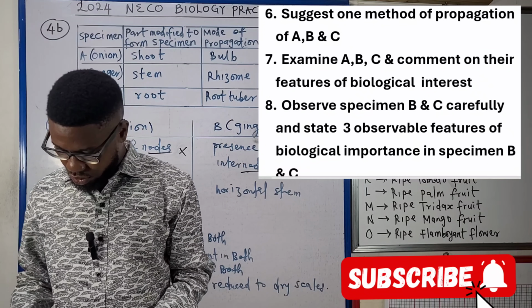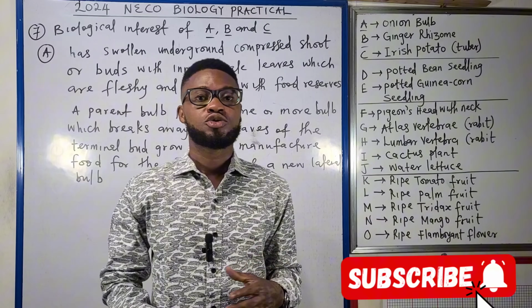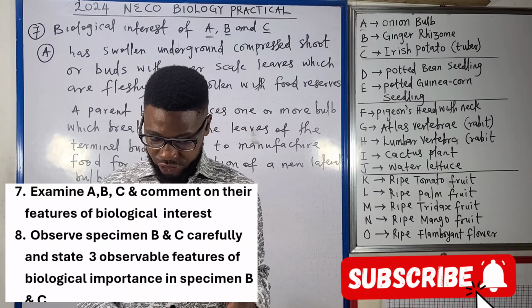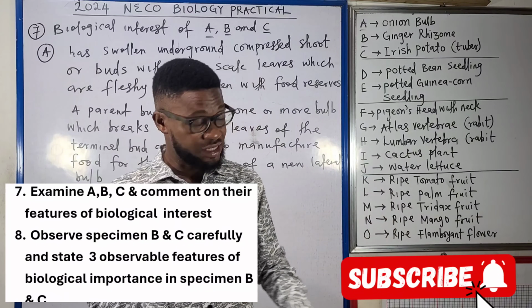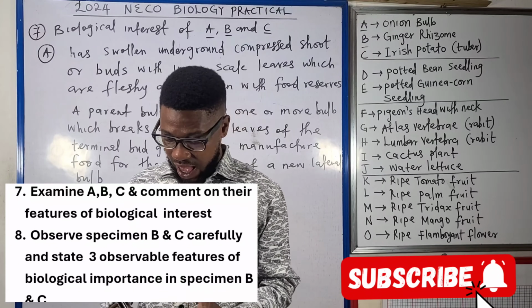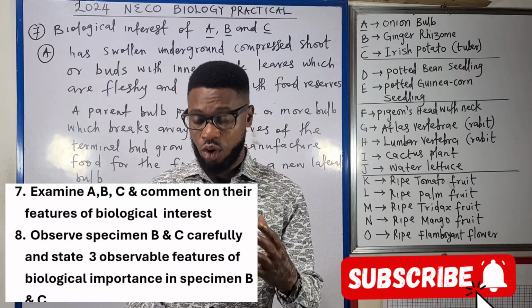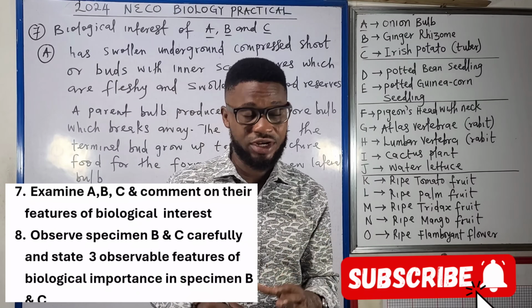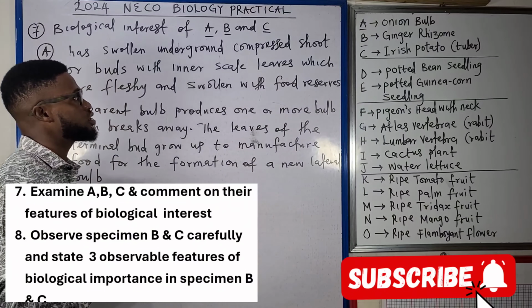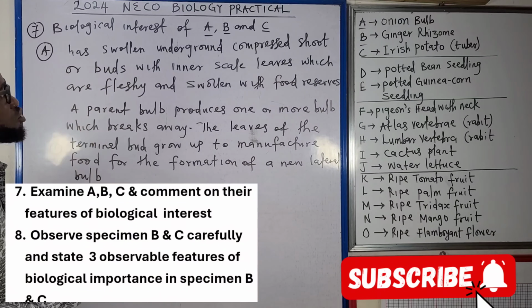That ends question 6. So moving on to question 7, as you can see on your screen, we were told to examine specimens A, B, and C and comment on their features of biological interest. So talking about the onion, what is of biological interest here? You talk about the shoots.